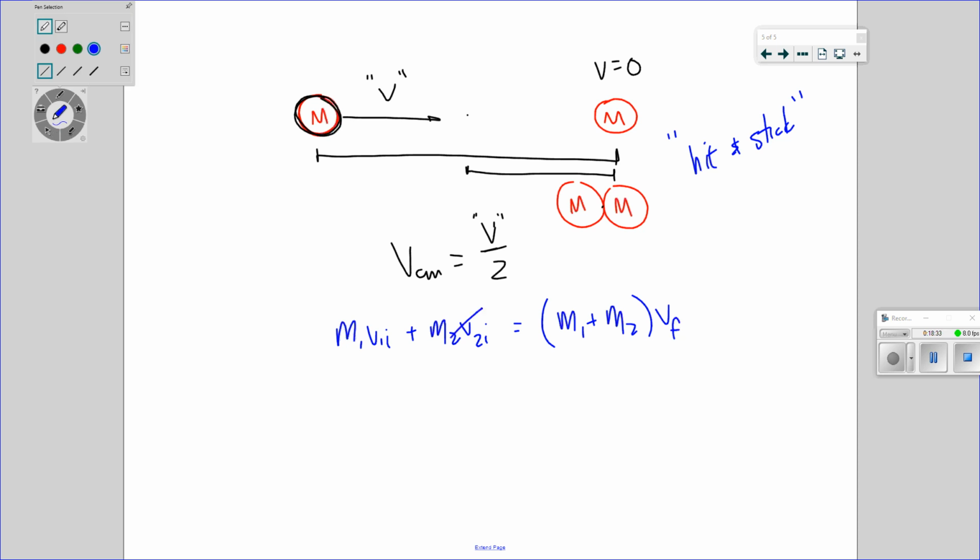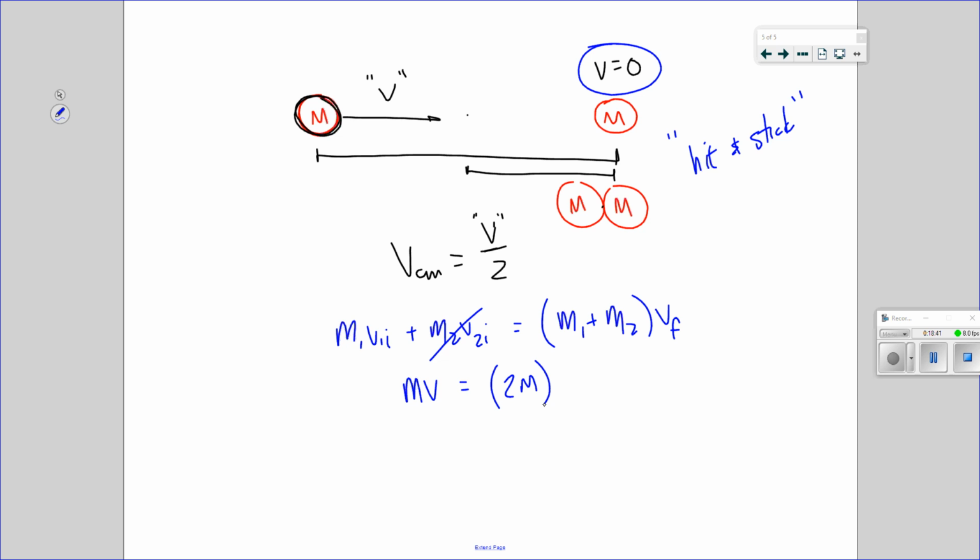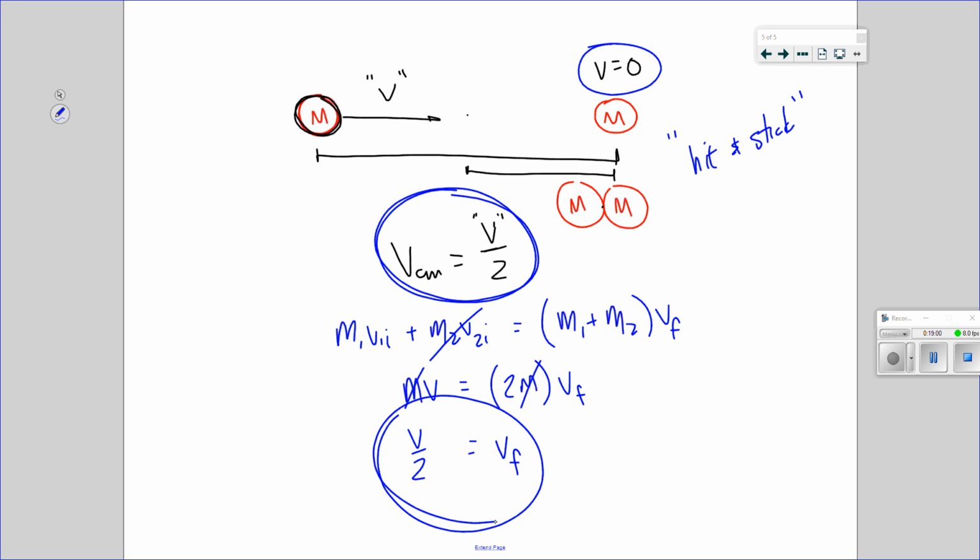This is simply mv. The two masses together, we mandated they have the same mass. And there's VF, and there's a common factor of m on both sides. And look at this. The system's final velocity is v over 2. Well, it has to be, because the system's initial velocity was v over 2. Right? Note that these two velocities are the same exact velocity.